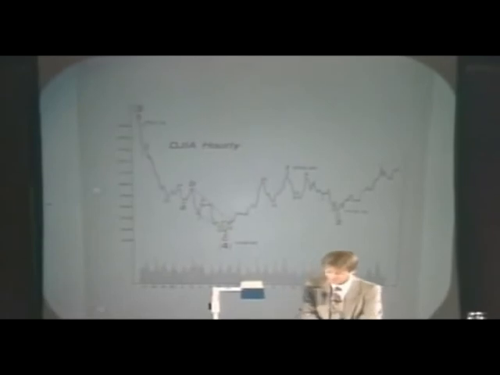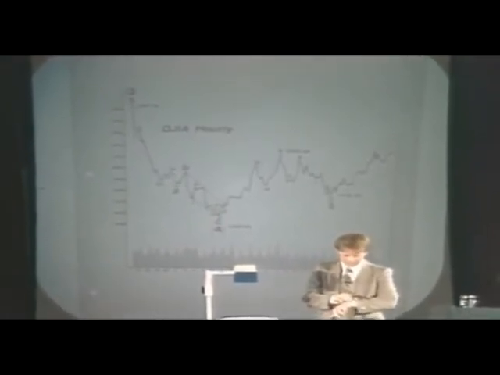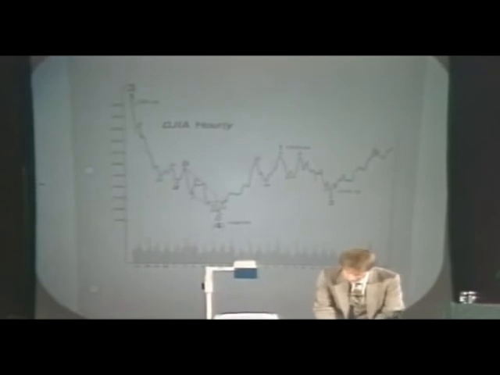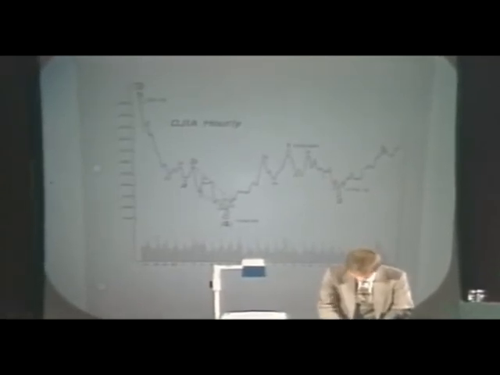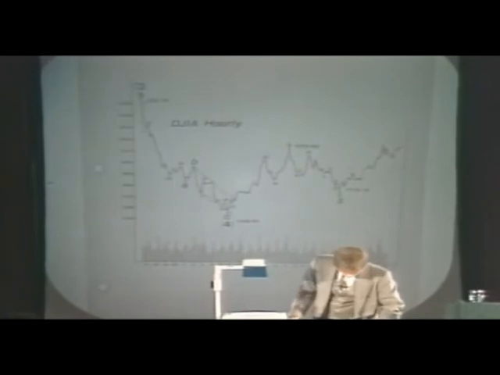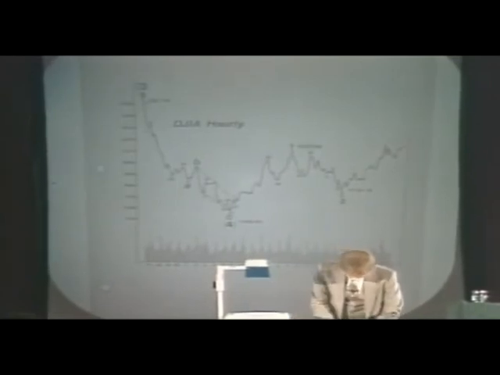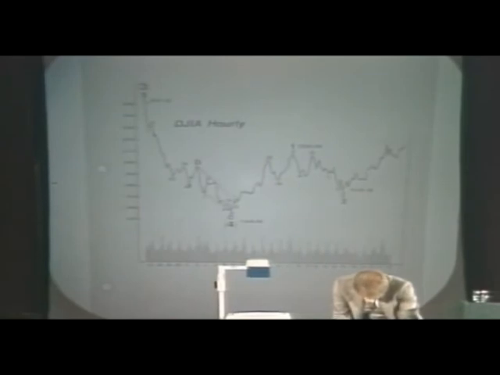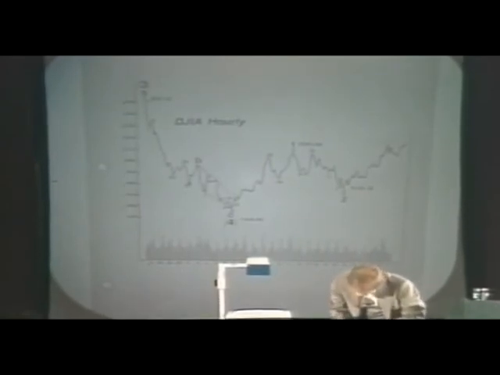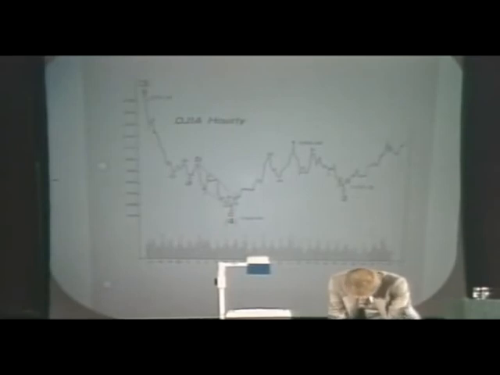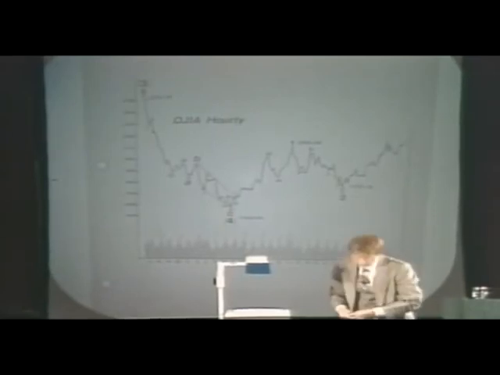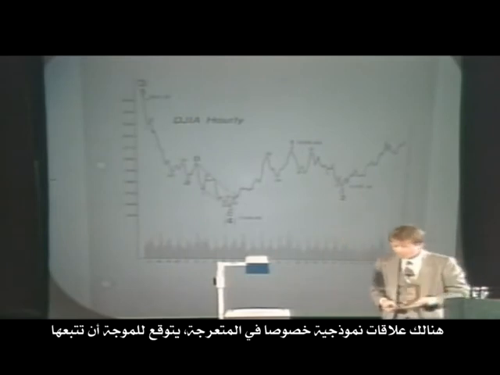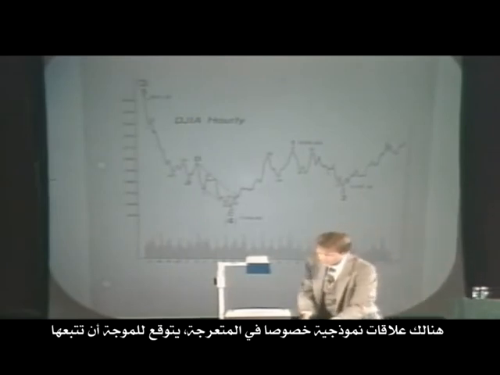Let's take a look at page 286. In corrective patterns, there are typical relationships, particularly in a zigzag, that you expect the waves to follow.